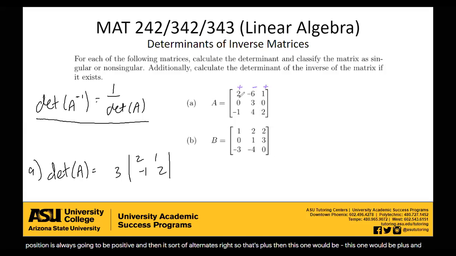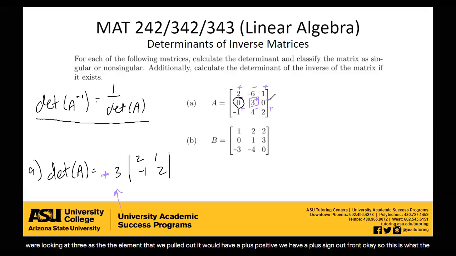And then your next row is completely swapped, so this one's minus, then plus, then minus, and then your last row is swapped again. So if we were looking at 3 as the element that we pulled out, it would be positive. So we would have a plus sign out front.